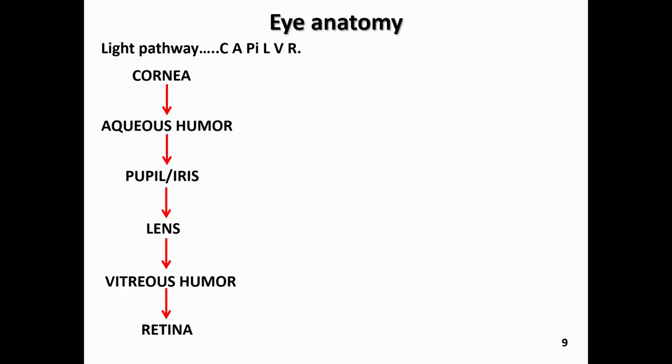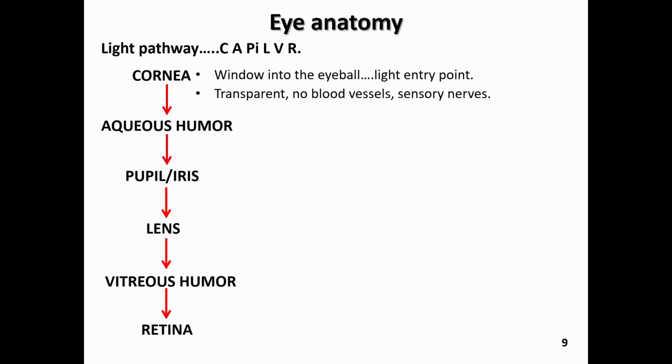So, to just some basic facts here on these different components: the cornea functions as a window into the eyeball. And as mentioned just a few seconds ago, it's the entry point for light. The cornea is transparent, and of course, that's important because we don't want light to be absorbed to a great extent here, but we want to allow light to transmit through the cornea.